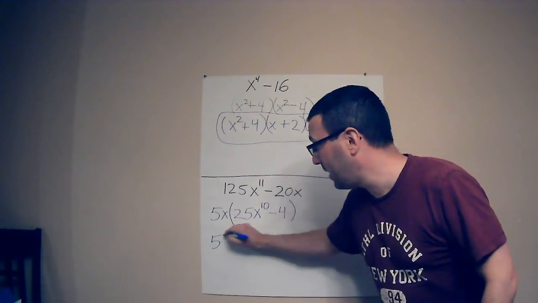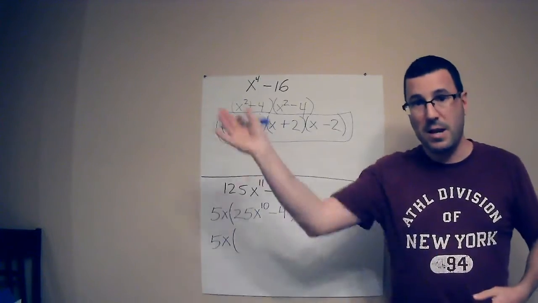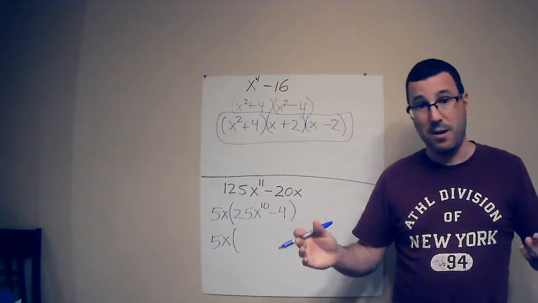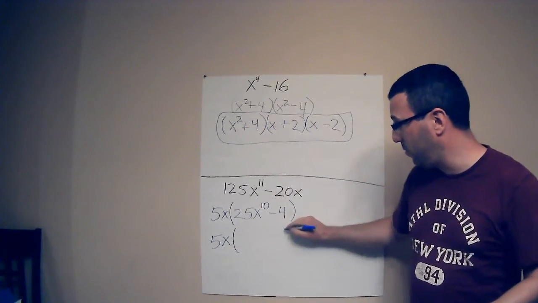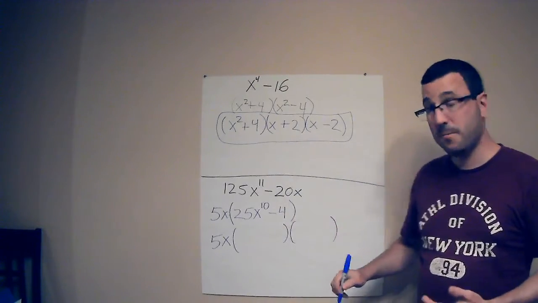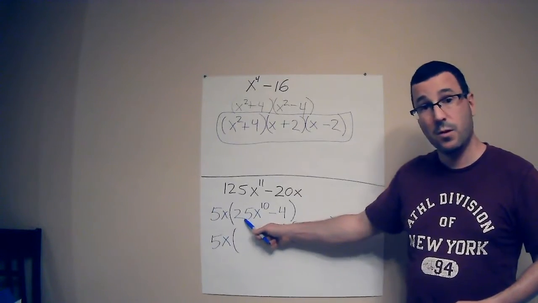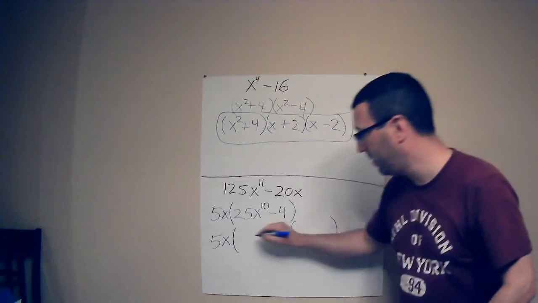Right, 5x down again. Remember, when you're factoring, if something is a factor, don't just make it disappear. Okay? So, I make two parentheses. Now square root of 25 is 5.